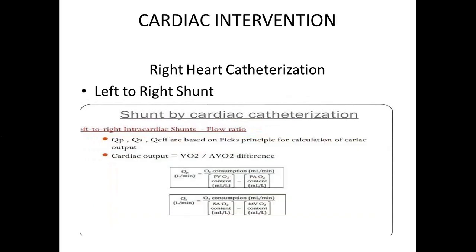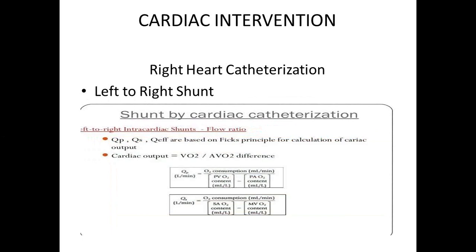All right, but what we do, we use our right heart cath to evaluate the shunts, and we use it to calculate cardiac output. And this is important because say you have an atrial septal defect or a ventricular septal defect.